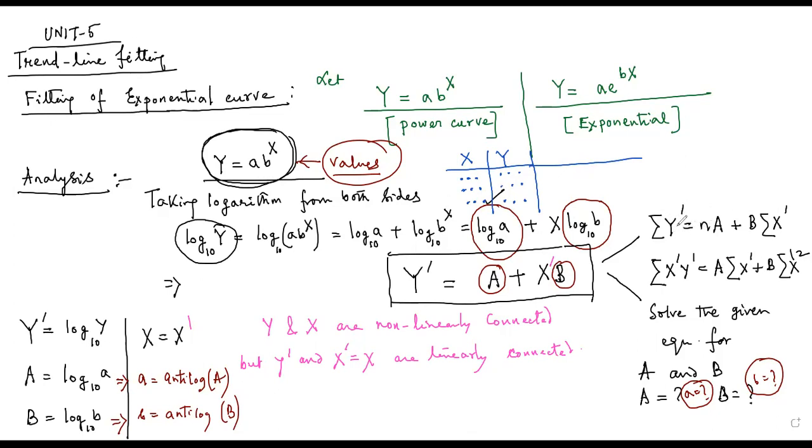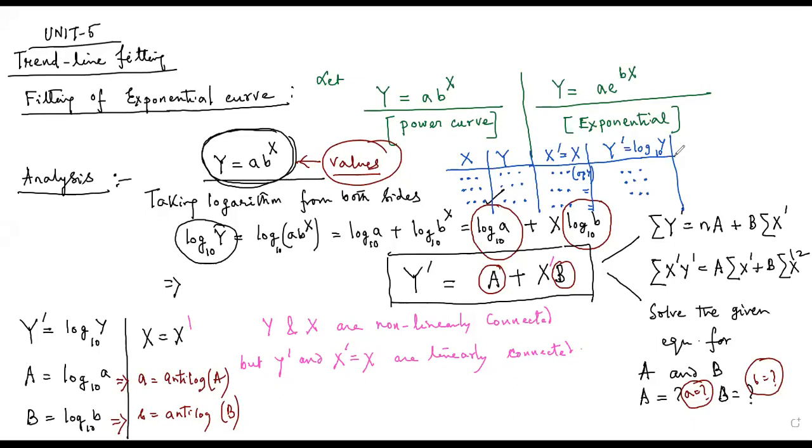We are solving the linear equation related to x prime and y prime. So what you are supposed to do is write x prime. Remember that according to your choice, x prime is equal to x. They are the same, so you just copy the value of x over here. Then you need to calculate y prime, and y prime is the logarithm base 10 of your values of y. So we are going to calculate this also.